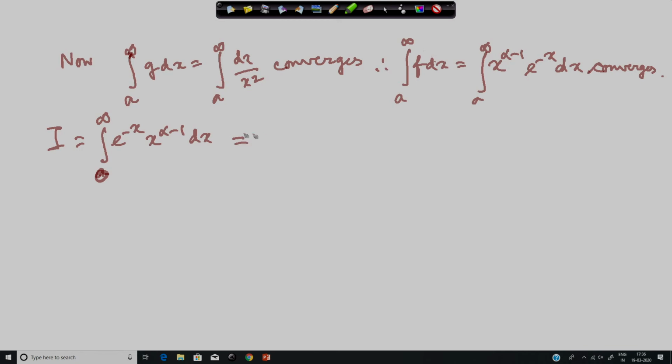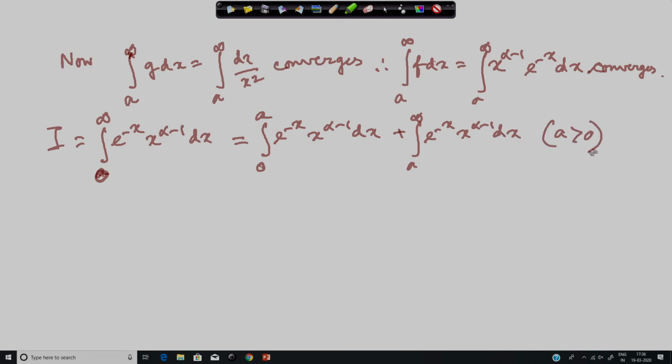We split it into the integral from 0 to a of e to the power minus x, x to the power alpha minus 1 dx, plus the integral from a to infinity of the same, where a is some finite number greater than 0. We have called the first integral I1 and the second integral I2.